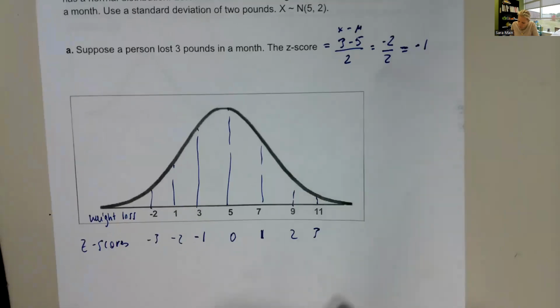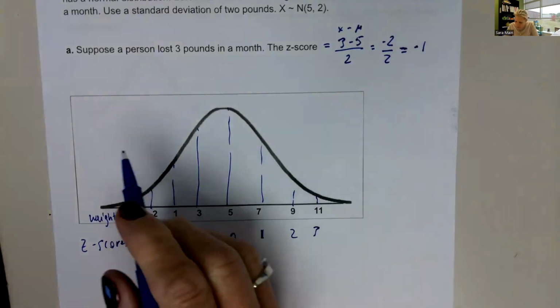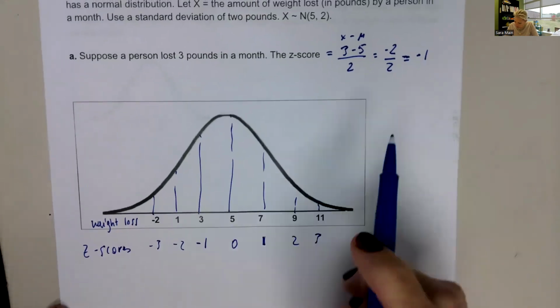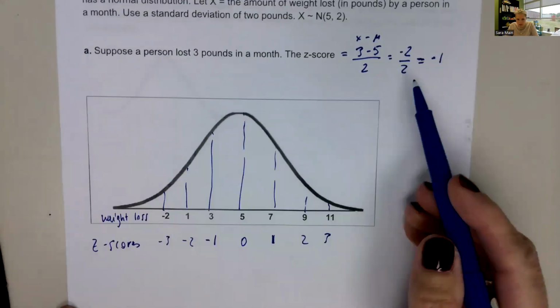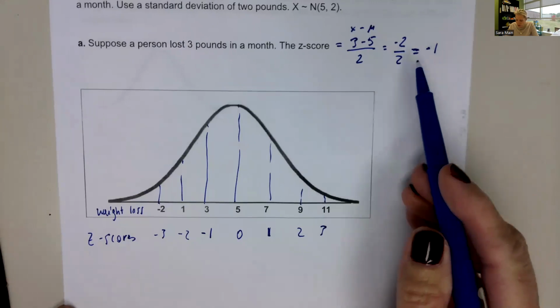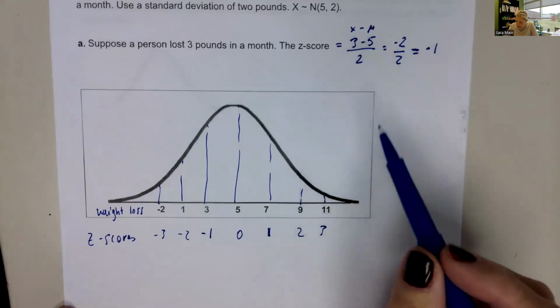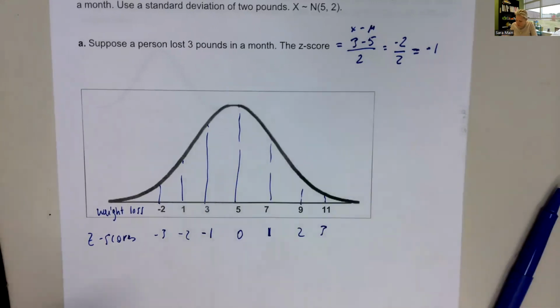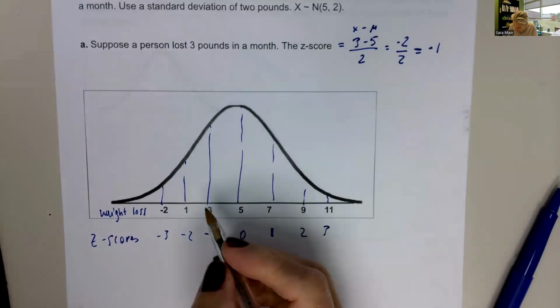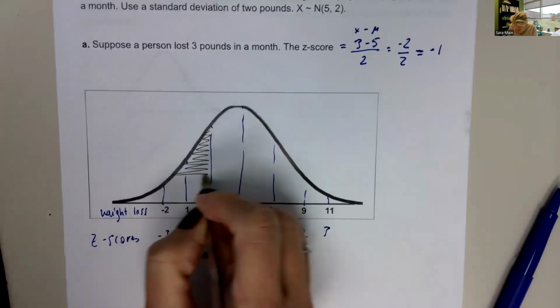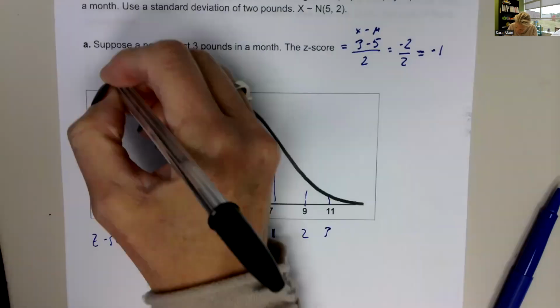So we could look and see what is the probability that, because this z-score is a -1 and it corresponds to this person's weight loss of 3, if we wanted to see what is the probability that the person actually lost less than 3 pounds, that would be this way.